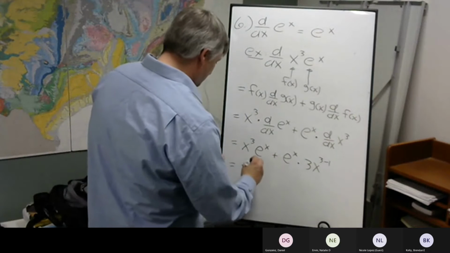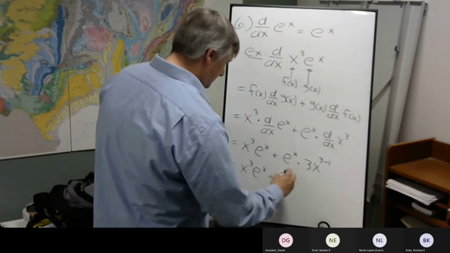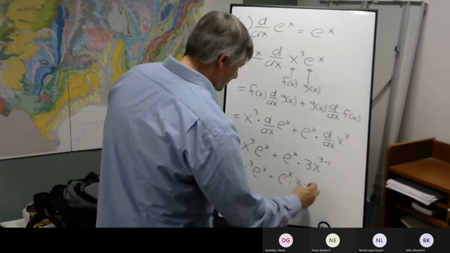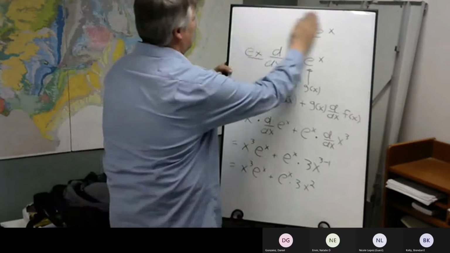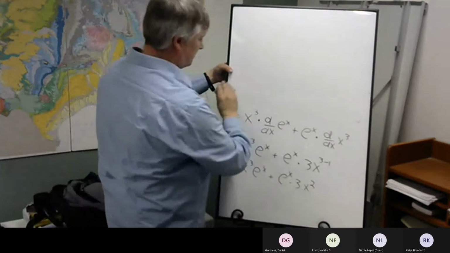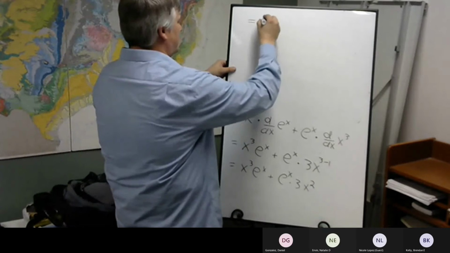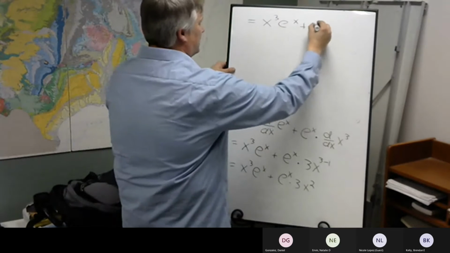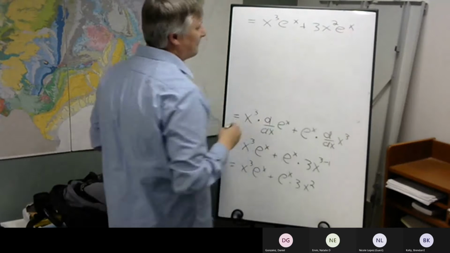So x cubed e to the x plus e to the x times 3x squared, or x cubed e to the x plus 3x squared e to the x.